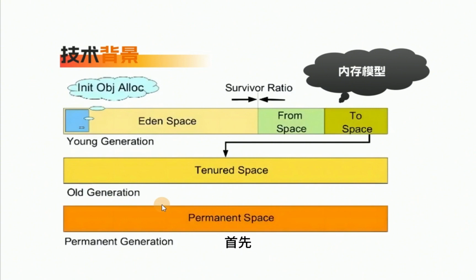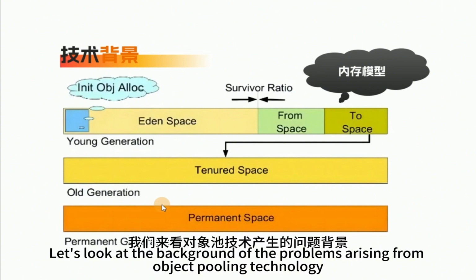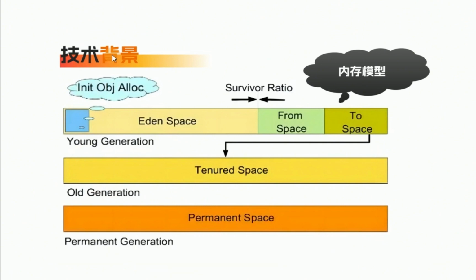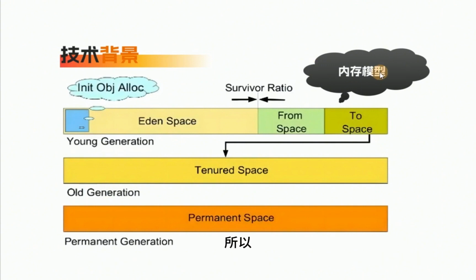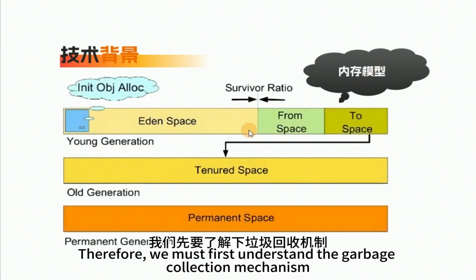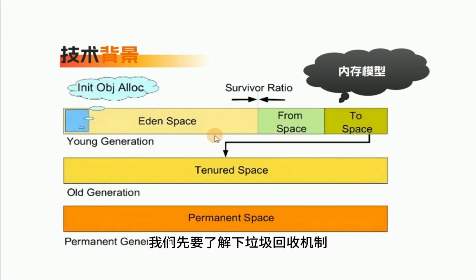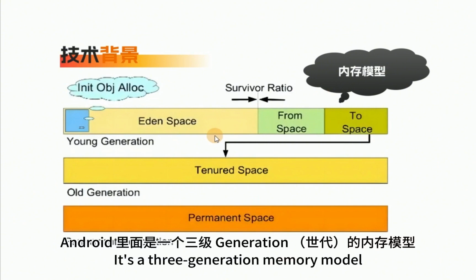First of all, let's look at the background of the problems that gave rise to object pooling technology. Object pool technology is related to memory management. Therefore, we must first understand the garbage collection mechanism. Inside Android, it's a 3-generation memory model.